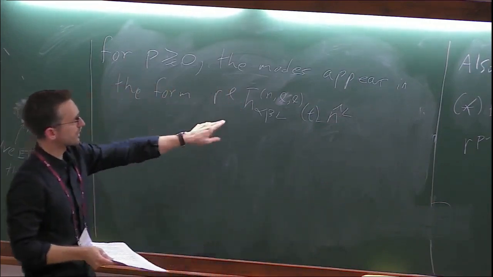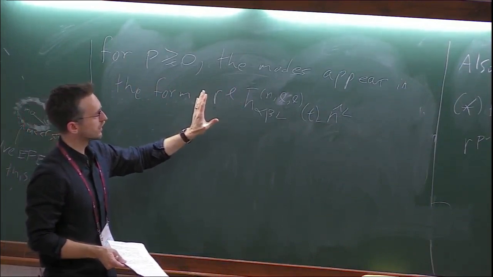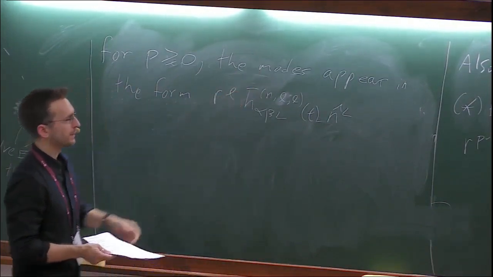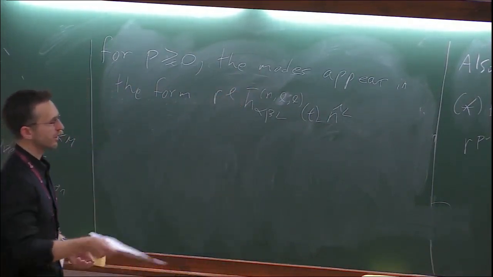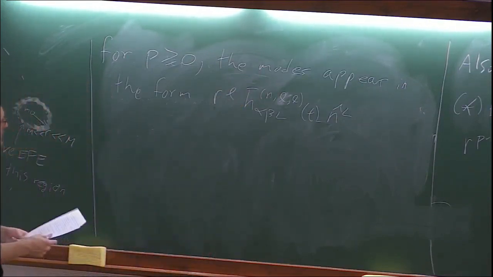So rather than 1 over r to the L plus 1, we have r to the L. So these modes are growing with r as you move away from the small object, whereas the other modes were decaying with r as you moved away from the small object.